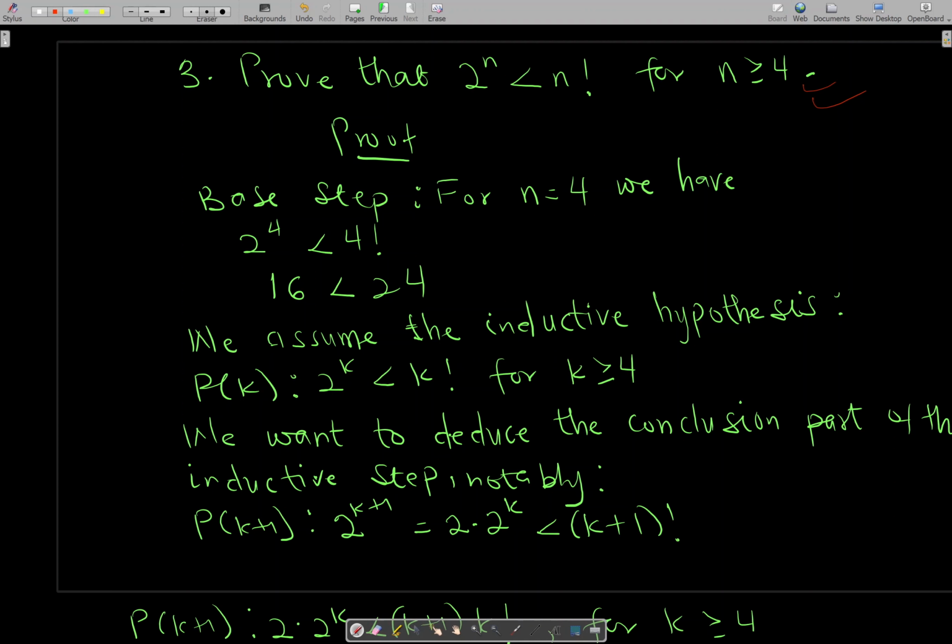Let's begin with the base step. This time around, n starts from 4, so we choose 4 for n.